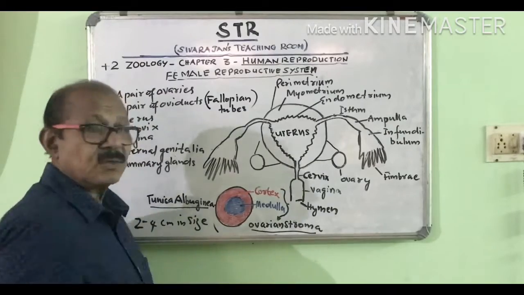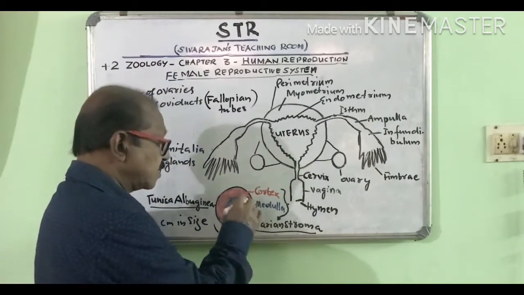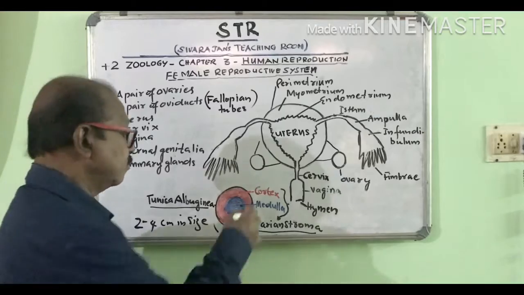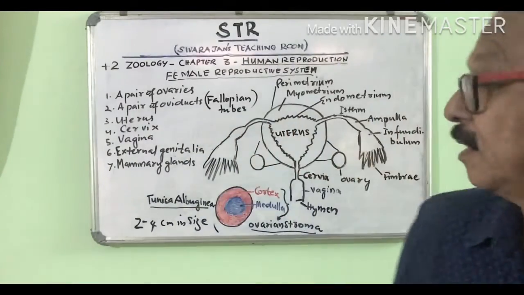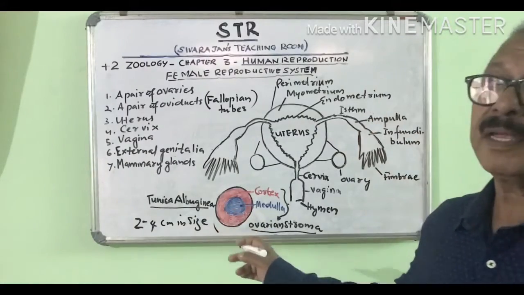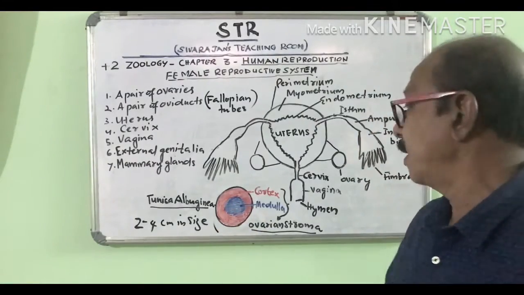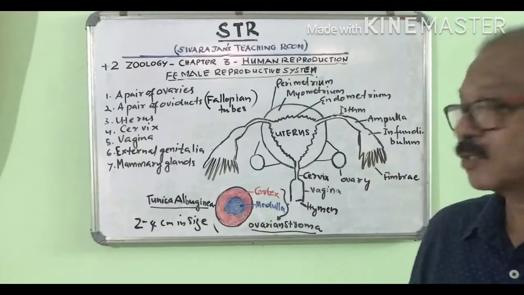The ovarian stroma has two regions, the external cortex and the internal medulla. The ovaries produce the female gamete, the ovum or egg, and also the female sex hormones.